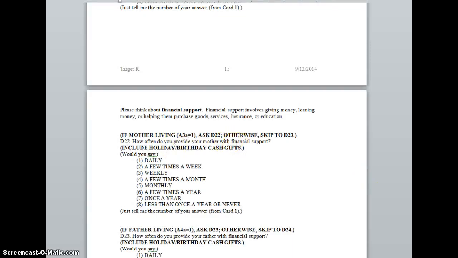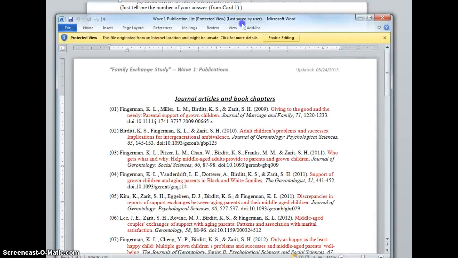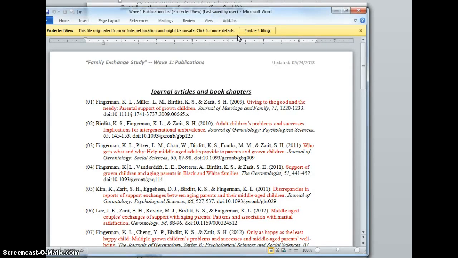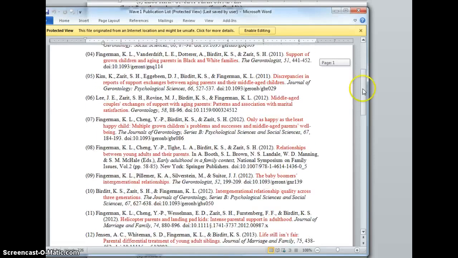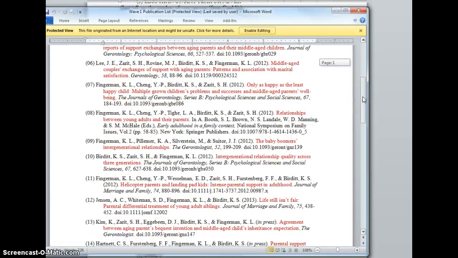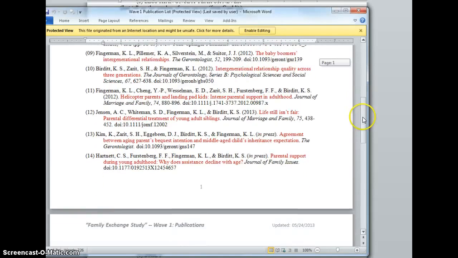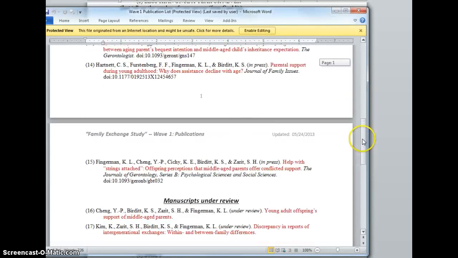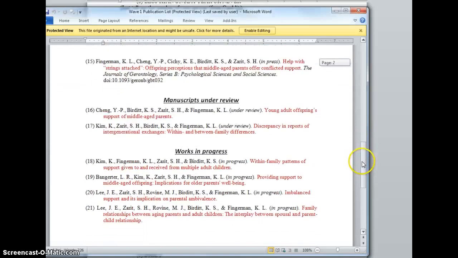All of this together makes a study, and from it we have lots of articles. So, for example, these here are all publications from that exact same study, the one you just looked at. And as you can see, there are more manuscripts and works in progress.